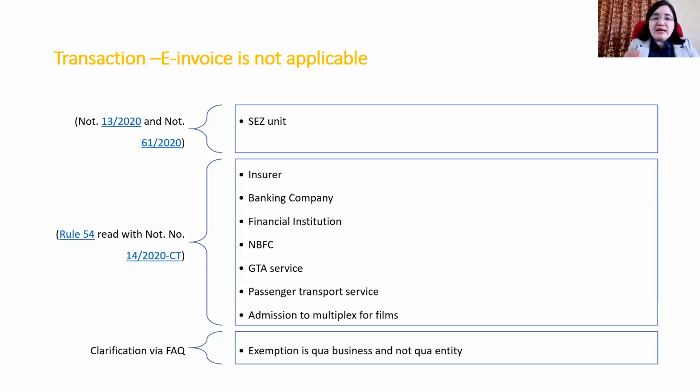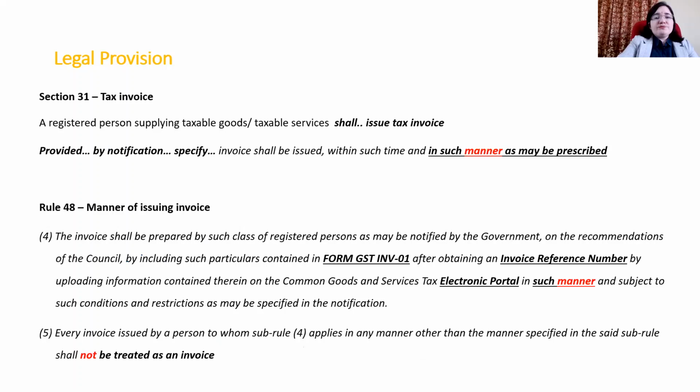But if you are selling scrap or selling goods which are taxable, which is not the normal course of banking business, then even if you are a bank, you are required to generate e-invoices. So the exemption given is for the core business and not the core entity. So this is the exemption.